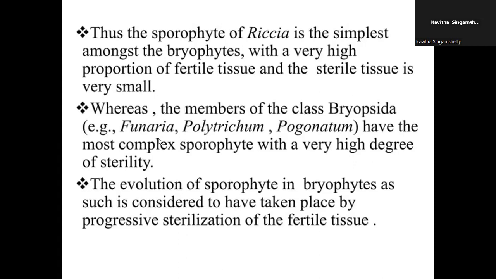That is, the sporogenous tissue is restricted only to the spore sac in the advanced forms of the Bryophyta, whereas in the simplest forms the sterile tissue is very little but the fertile tissue is more.